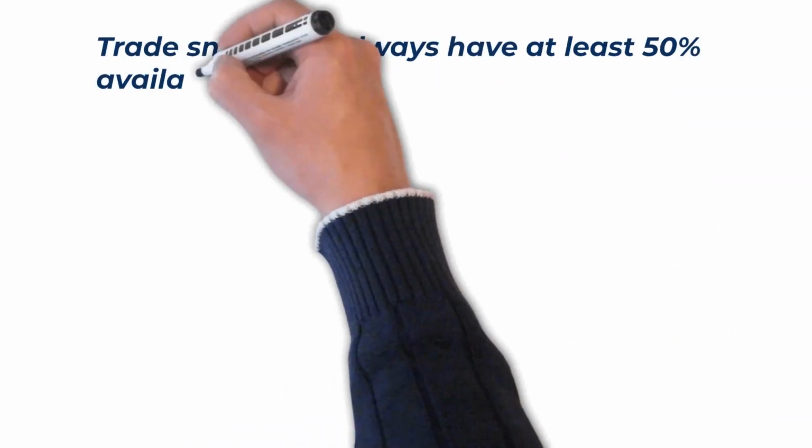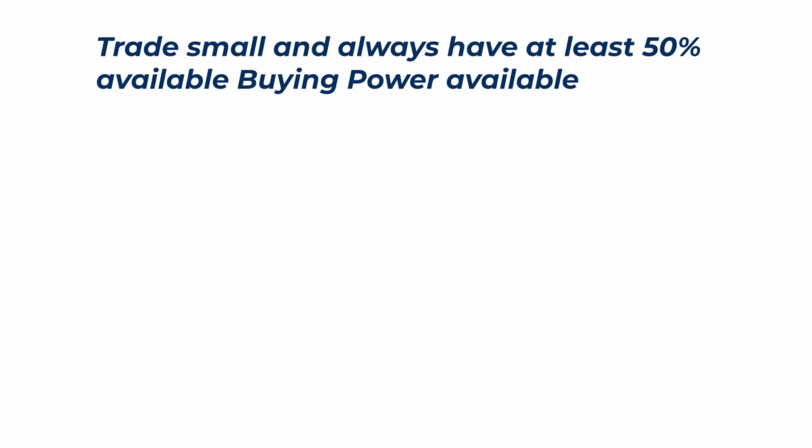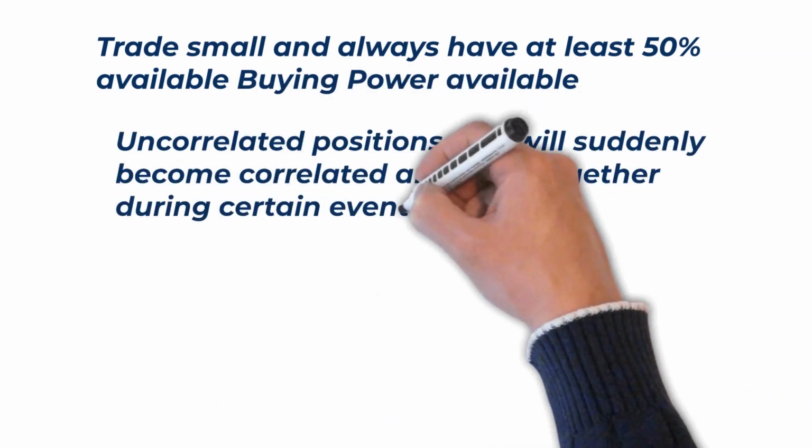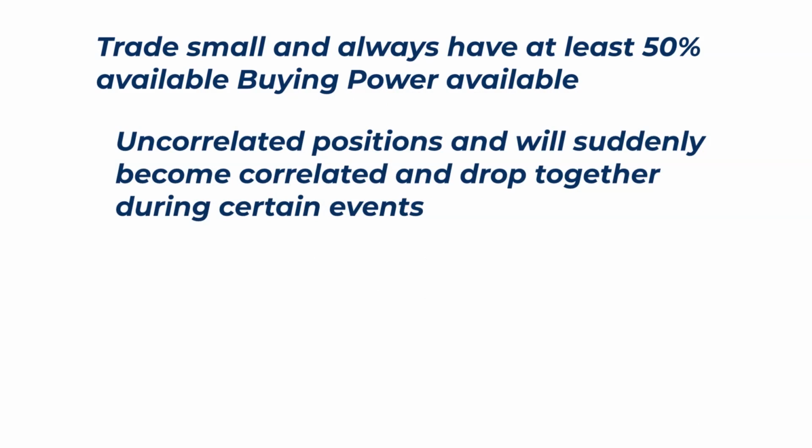So some of the key takeaways that we want to keep in mind are we always want to trade small and have at least 50% available buying power in our option trading accounts. Most uncorrelated positions and industries will suddenly become correlated and all drop together in certain bad events which happen maybe every few years.